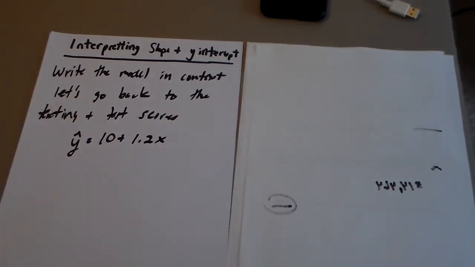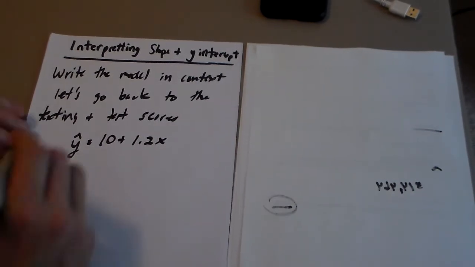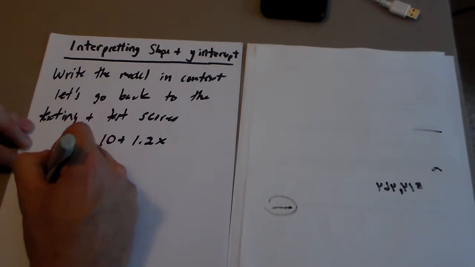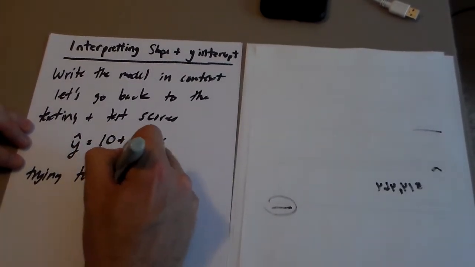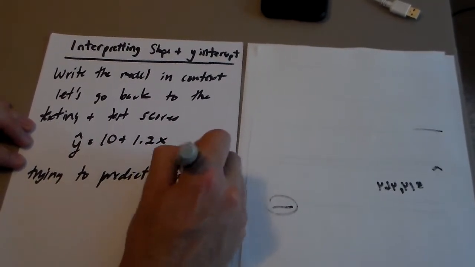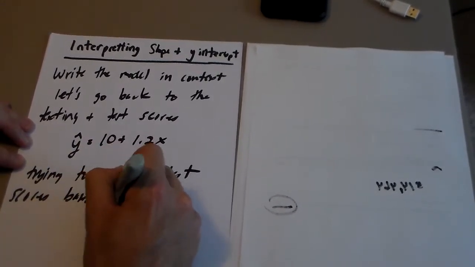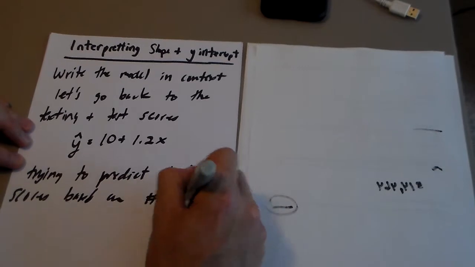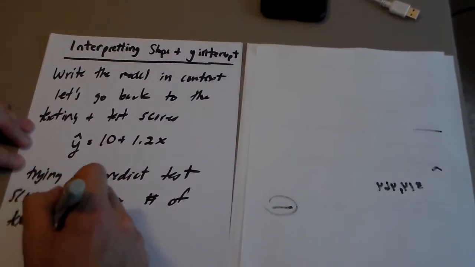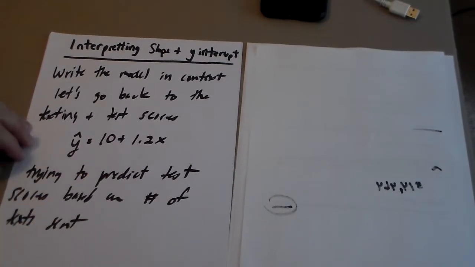Okay, so what are we trying to do here? What were we trying to do with this equation? We were trying to predict test scores based on the number of texts sent. That's what we're trying to do, okay?